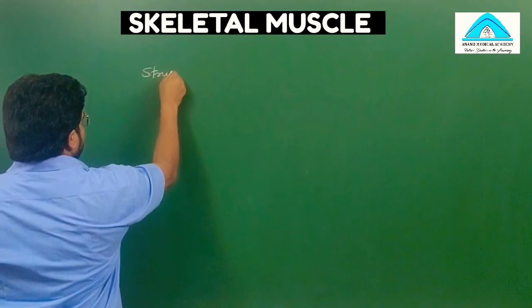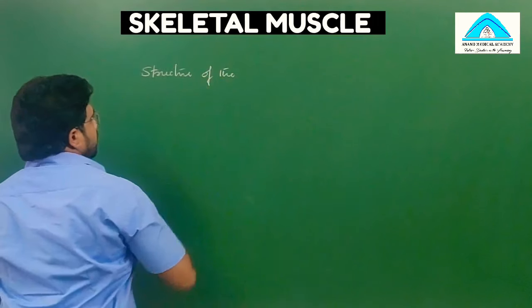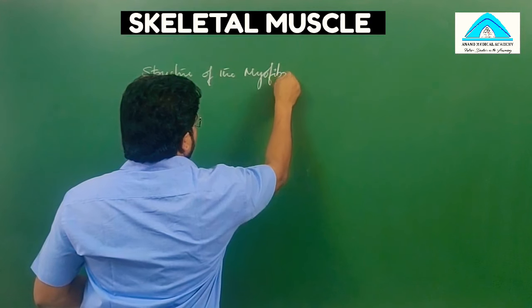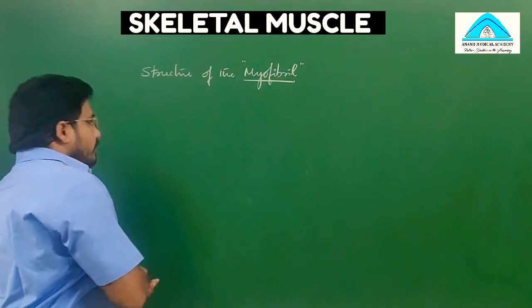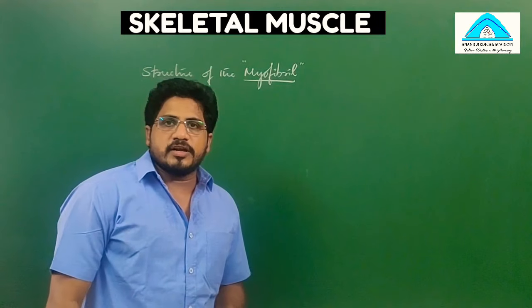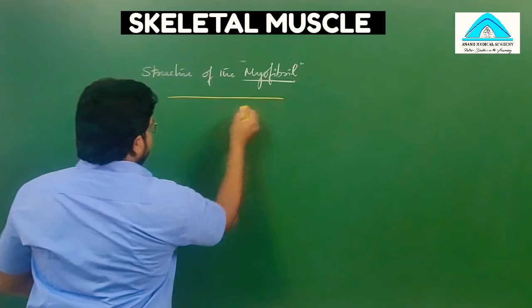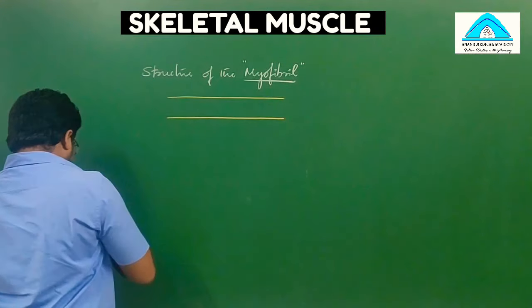Let us observe the structure of the myofibril. It is the structural and functional unit of the muscle. Myofibril is cylindrical and without any branch.